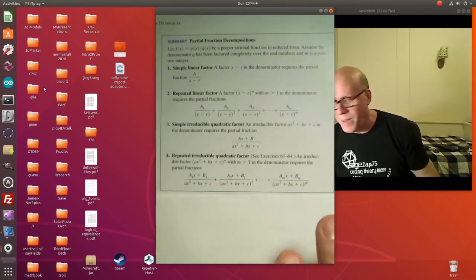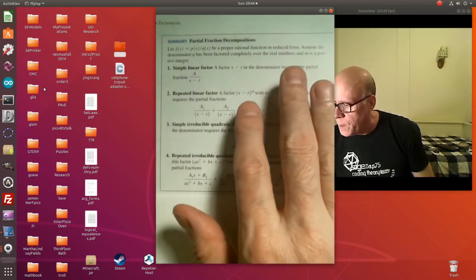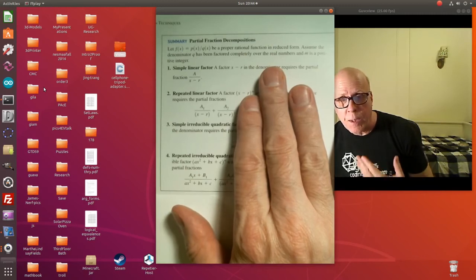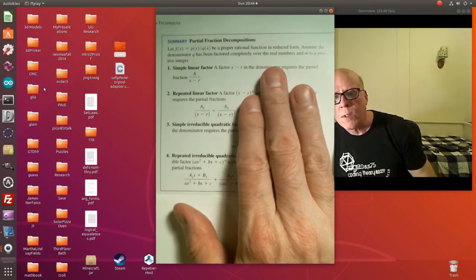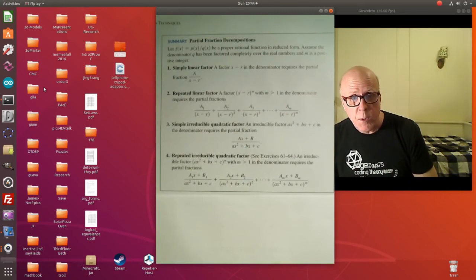So think about it as just being two copies of a linear factor. Then you just have that much, right? A constant over x minus r, and then another constant over x minus r squared. You'd still get something that was quadratic if it had multiplicity 2, and you'd still get two numbers out of it. So that sort of makes sense in that regard.